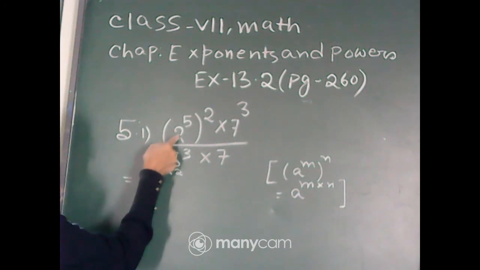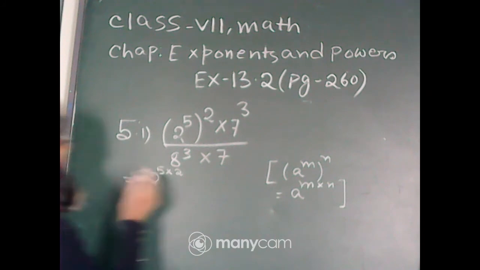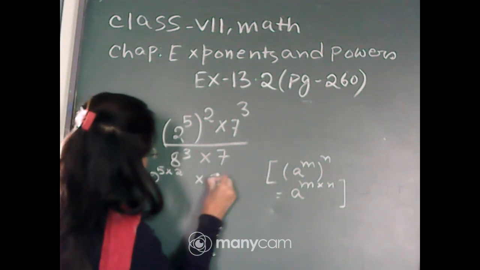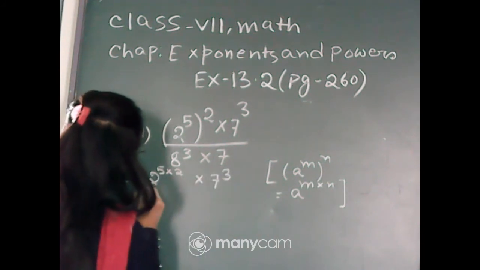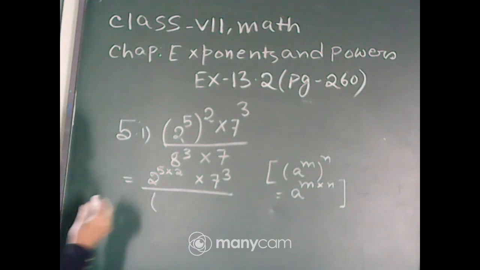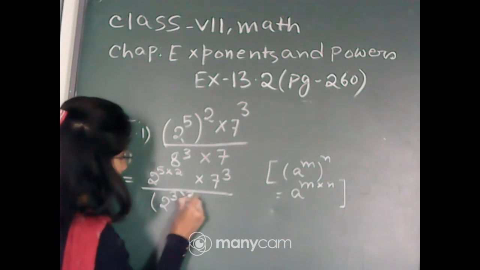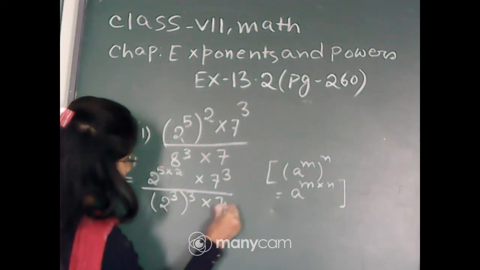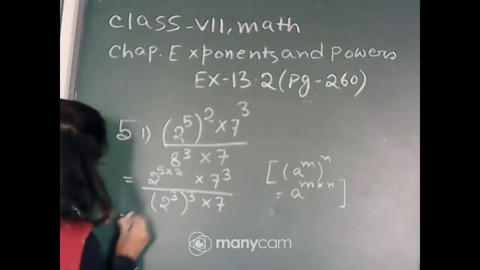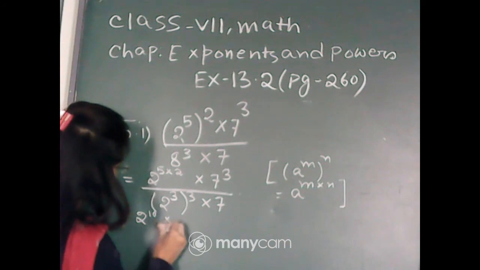Here a is 2, m is 5 and n is 2, into 7 cube divided by, now we can write 8 as 2 cube. Therefore, this is equal to 2 to the power 10 into 7 cube.